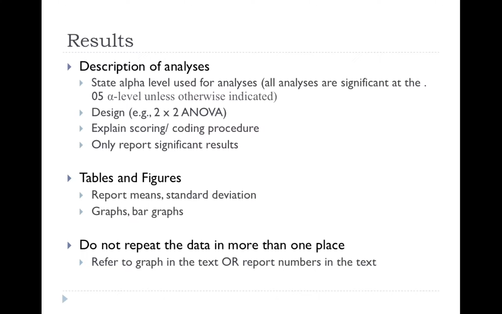If there was any scoring or coding that went on, you have to explain how you did that and justify it. And then you typically only report significant results. So anything that had an alpha level of less than 0.05, if that was your alpha level, you would report here. Anything that was not significant, you typically don't report in the results section.